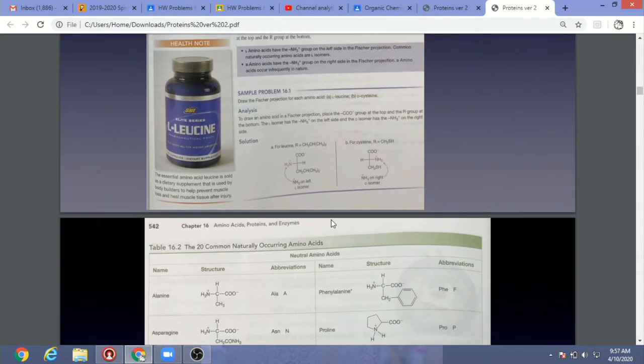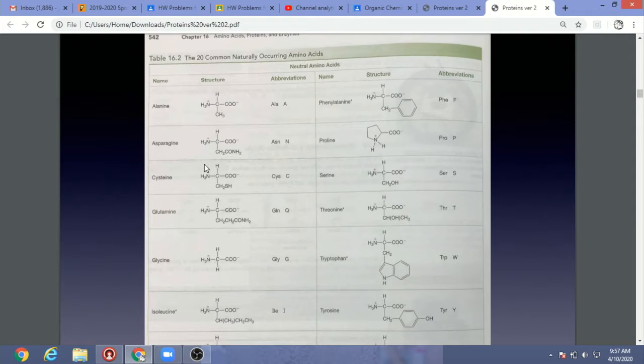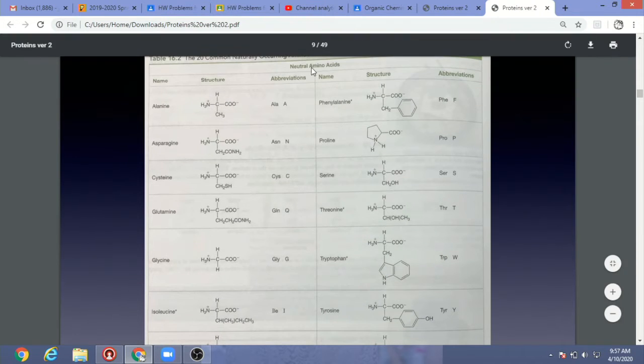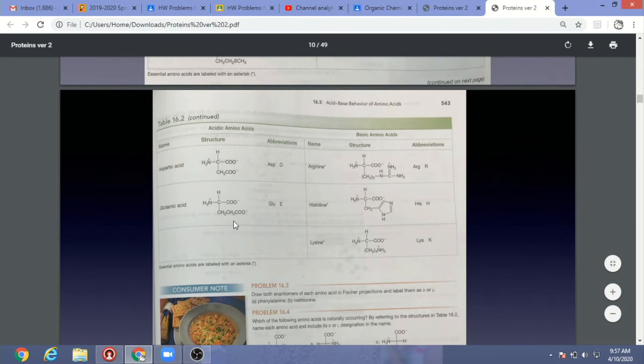We talked about that. And here's a chart that has the 20 amino acids. It has their one-letter and three-letter abbreviations, their name and their structure, and it's organized so that you have all of your neutral amino acids, and on the next page a couple of the acidic and three of the basic.